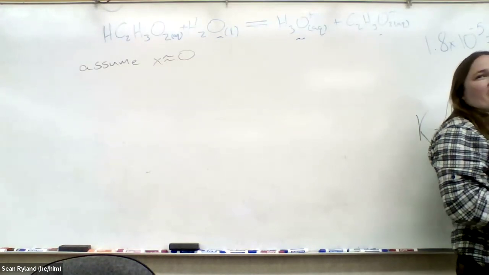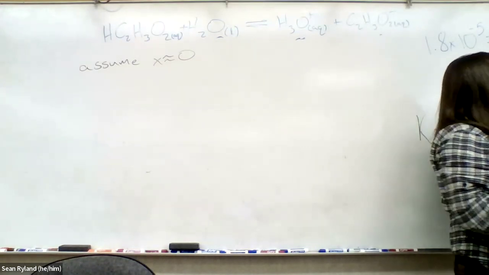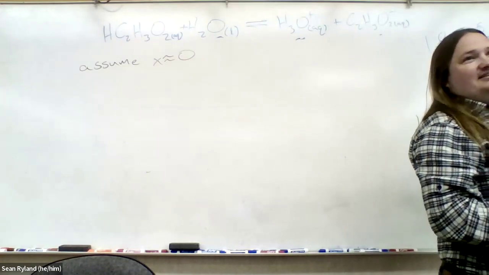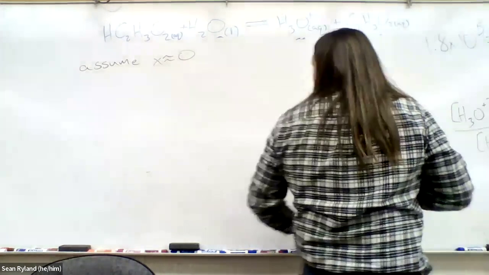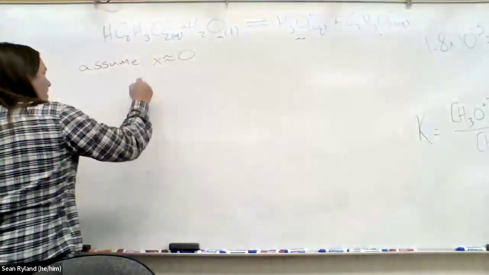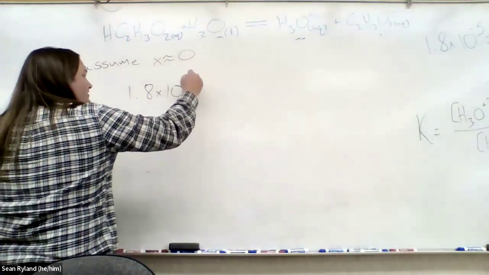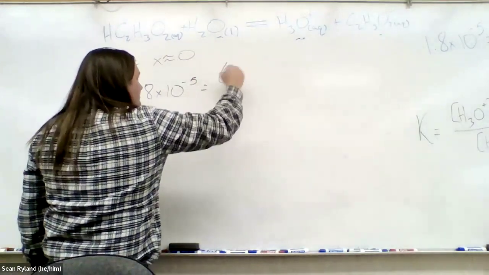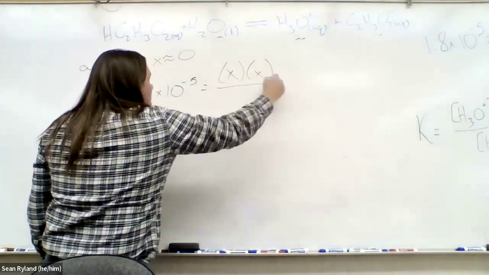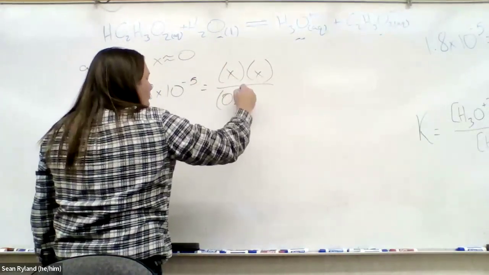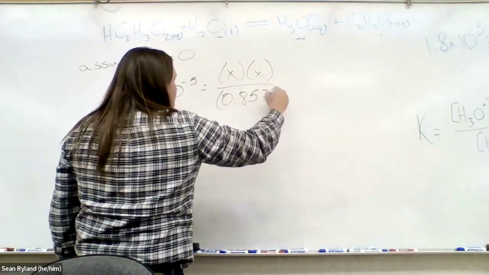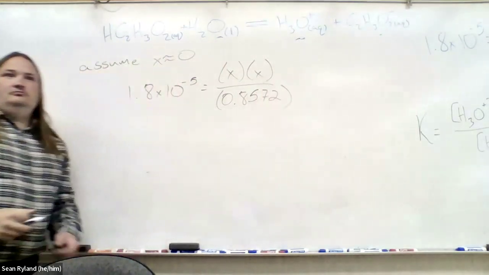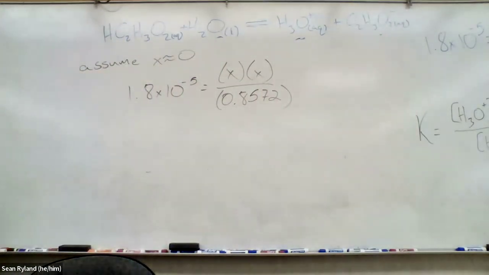But that X, we can basically just say, well, our final concentration of the acetic acid is going to be really close to our initial concentration. So we can say 1.8 times 10 to the minus 5 equals X times X over 0.8572. Now we can solve that. Pull a calculator out.